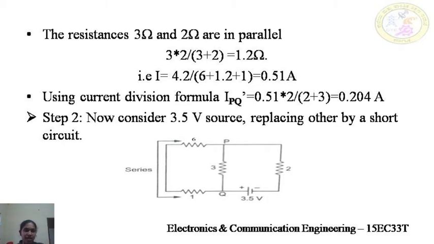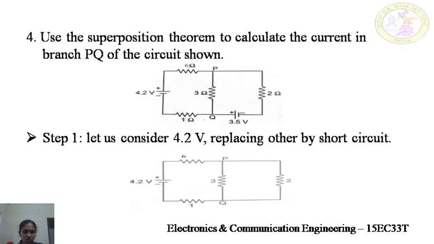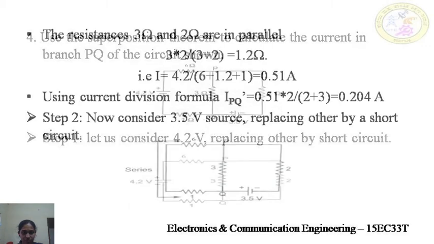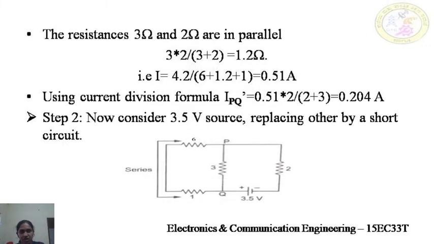The main current I across the 4.2 volt source can be calculated using Ohm's law, that is voltage divided by the total equivalent resistance of the network across 4.2 volt, that is I is equal to 4.2 divided by 6 plus 1 plus 1.2, that is equal to 0.51 ampere.